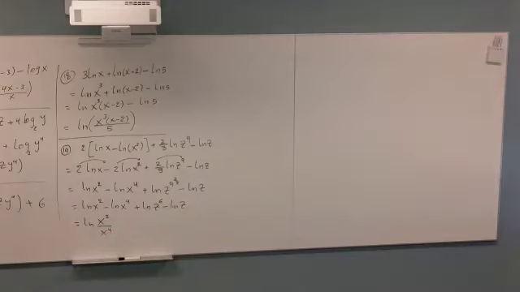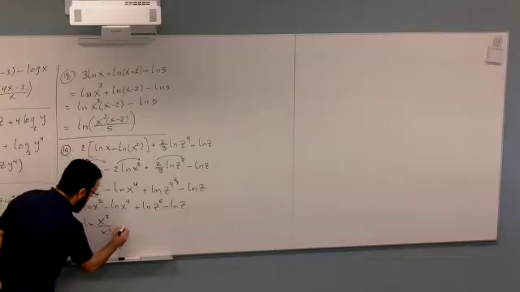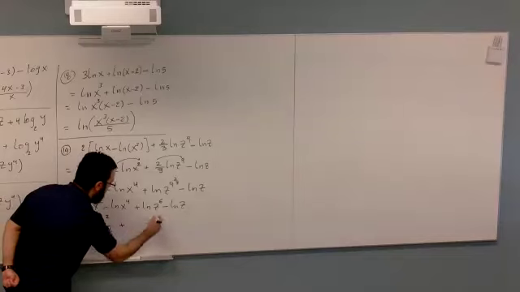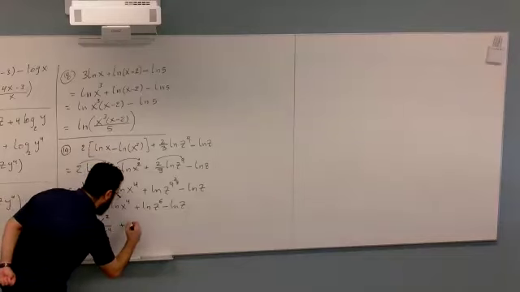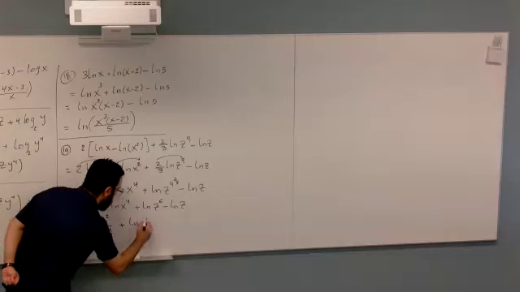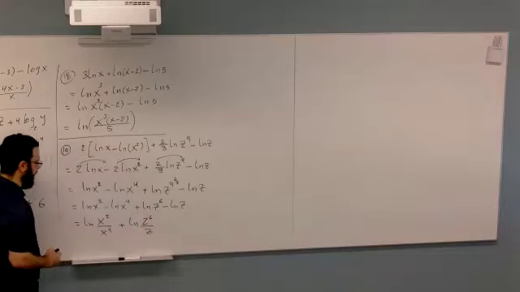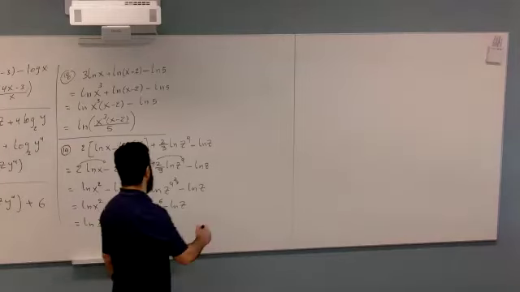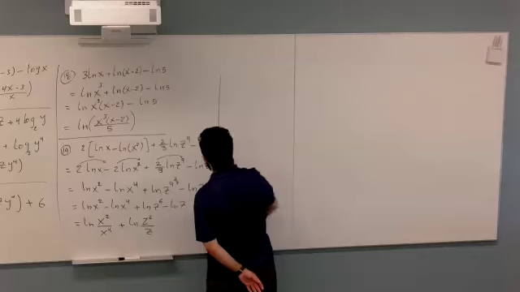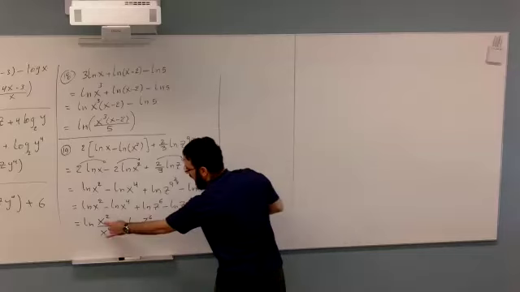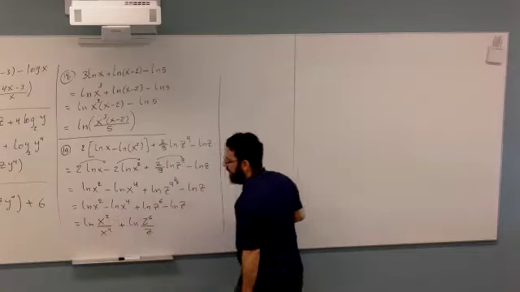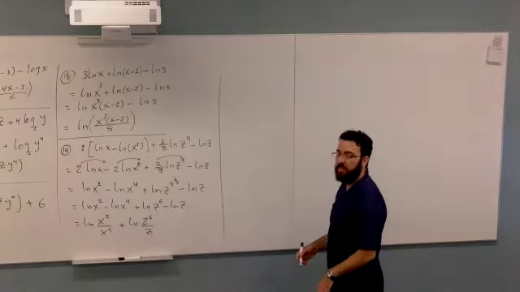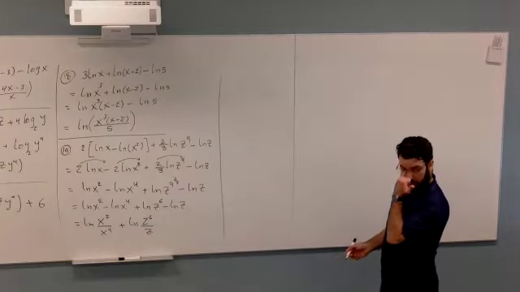Is that okay? What about the next side? Plus, don't forget the plus. Here is going to be ln z to the power 6 divided by z. Is that okay? Yes or no? Yes. Simplify this part. x squared divided by x to the power 4.